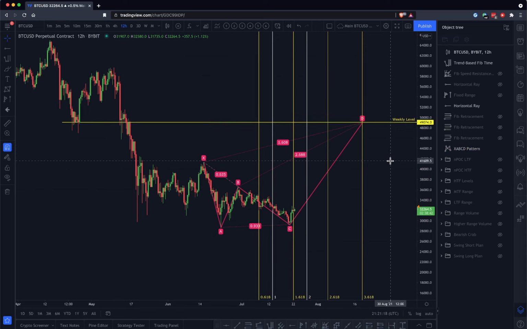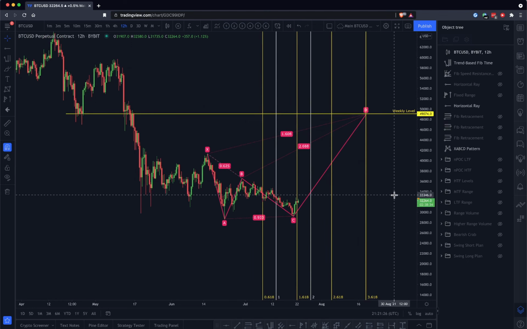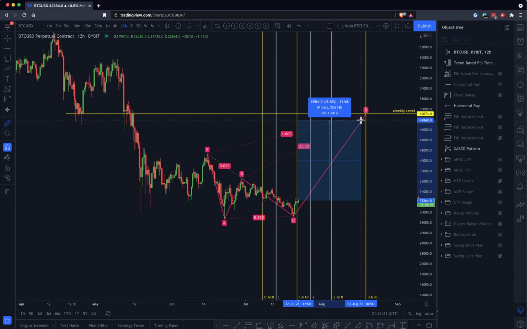And so what other things do we have to look at here before we get too excited about this? Obviously, the current price that we are at is 32,260. If I open the trade without any low time frame analysis, and then put my stop loss somewhere reasonable, and I won't do that.